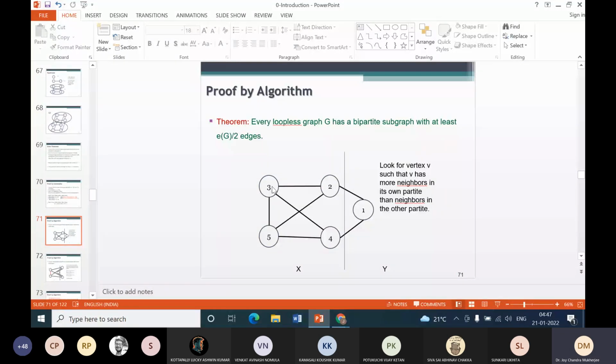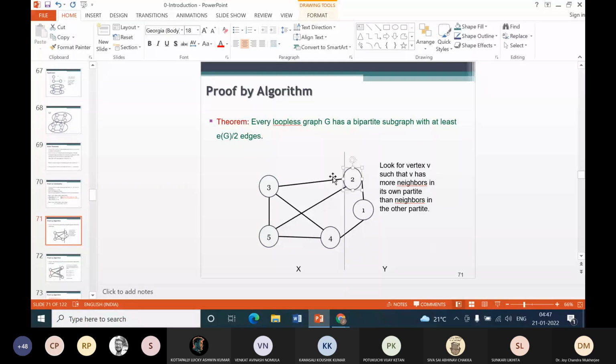So 2 is a candidate. 2 is such a vertex V that has more neighbors in its own partite than the other partite. So in this case, we will shift it here. And we repeat this algorithm.